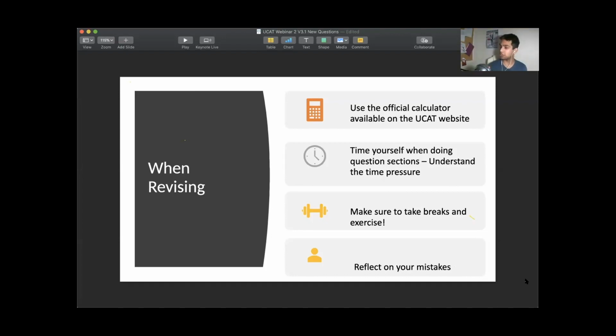Someone in the chat has just asked, do you wear a headset or headphones during the exam? So in test centers, there are generally two things that you'll be given for noise cancellation, just so you're in your own little headspace. One is earplugs, which you put in your ear, and one is headphones. The headphones aren't connected to any sort of music device.